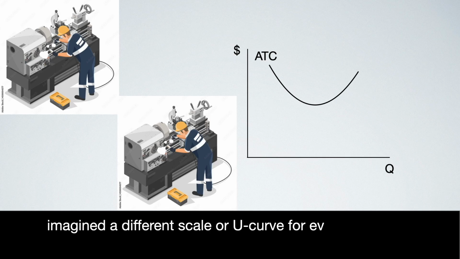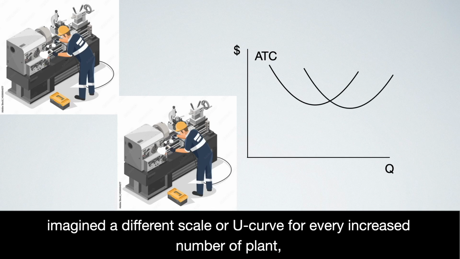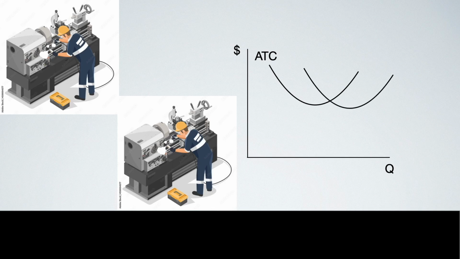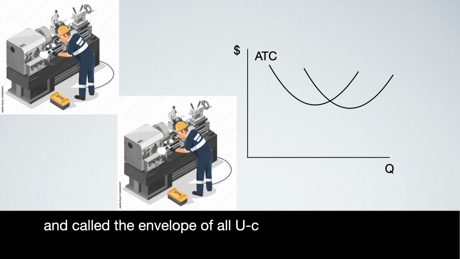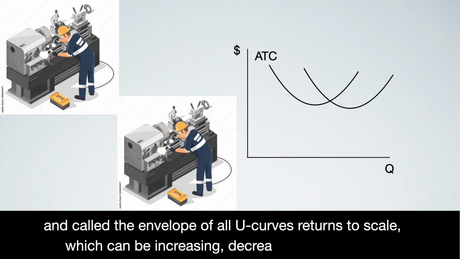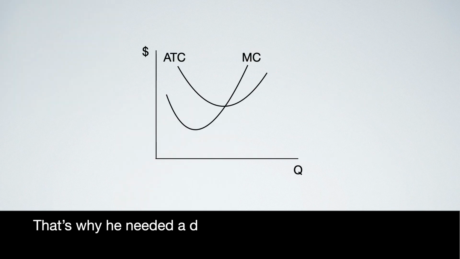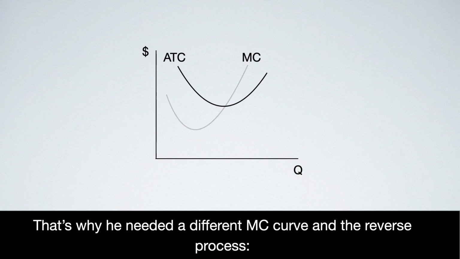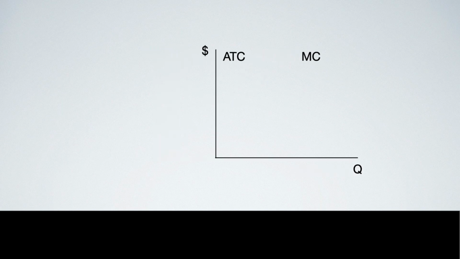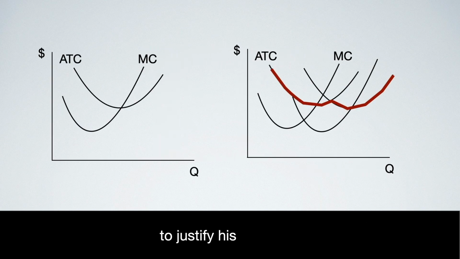He imagined a different scale or U-curve for every increased number of planned K, and called the envelope of all U-curves returns to scale, which can be increasing, decreasing or constant. That's why he needed a different MC curve and the reverse process, to justify his scales.